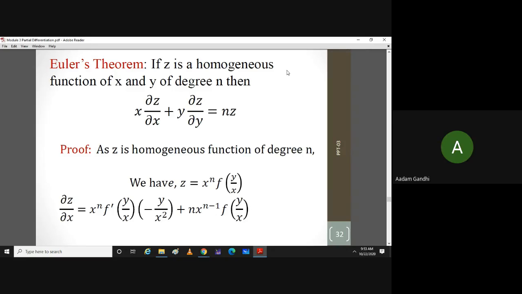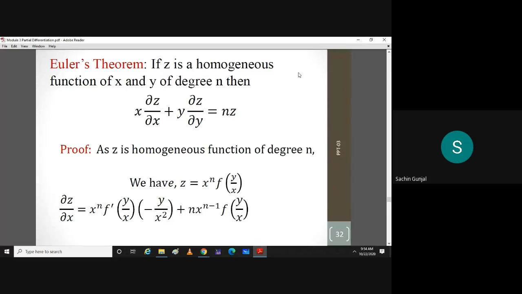Yes, sir, because if you replace x and y by tx, ty, that t will get cancelled. So you can write that function as t raised to 0 sine inverse x upon y, isn't it? Therefore, z is equal to sine inverse x upon y is a homogeneous function of degree 0.